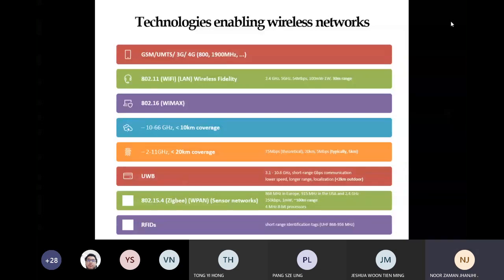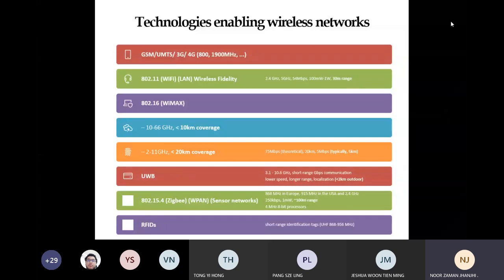So the technology which enables them is different. The mechanism we use for satellites is different from the mechanism we use for cellular phones, what we call GSM, UMTS, 3G, 4G. GSM is Global System for Mobile. UMTS stands for Universal Mobile Telecommunication System. 3G, 4G, you already know about that.